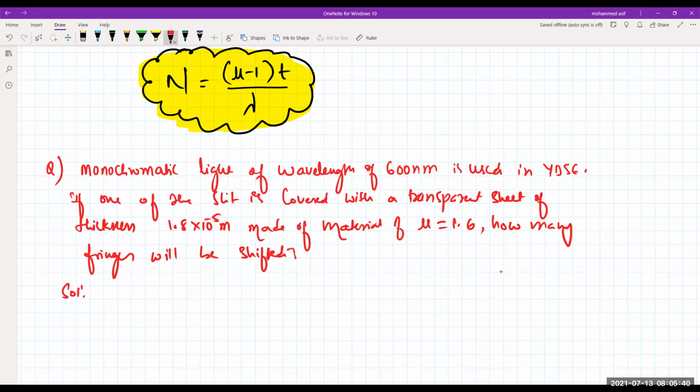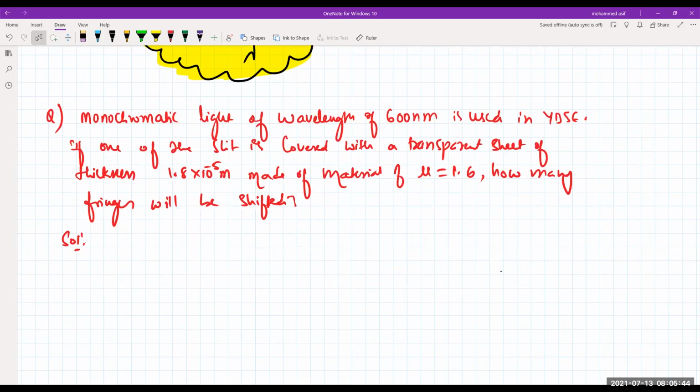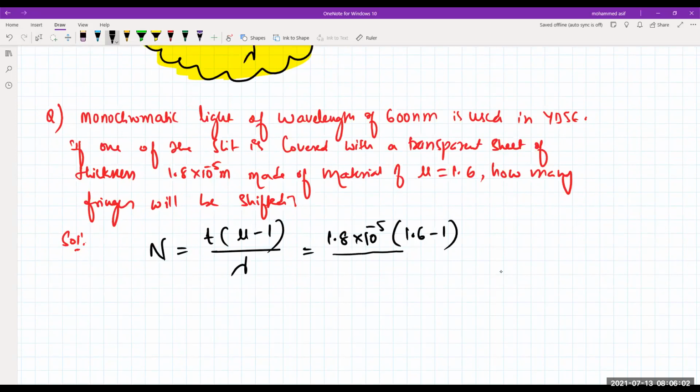This is your question. See what data he has given. Number of fringes shifted will be equal to how much? Just now I got the formula: n equals thickness t into mu minus 1 divided by lambda. The thickness is 1.8 into 10 to the power of minus 5, refractive index 1.6 minus 1, divided by wavelength.